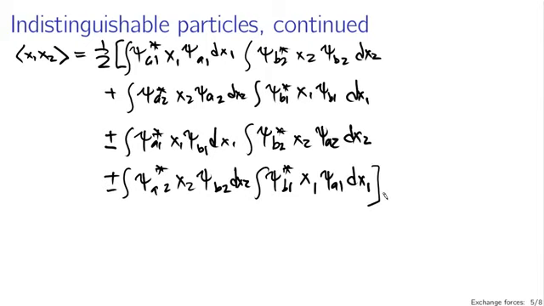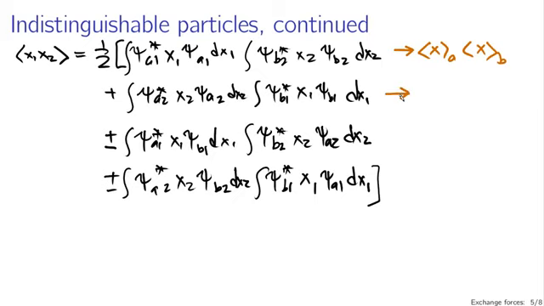And as before, some of these terms are recognizable. This first term here is, using x1 as the coordinate, the expected value of x in the state A, single particle state A. This term is, using x2 as a coordinate, the expectation of x in the single particle state B. So this here is going to give us expected value of x in the state A, expected value of x in the state B. Likewise, this expression is exactly the same, but we've swapped x1 and x2 for our 2 coordinates.